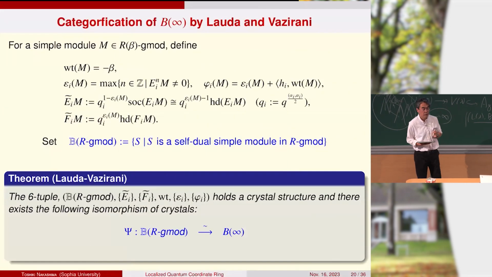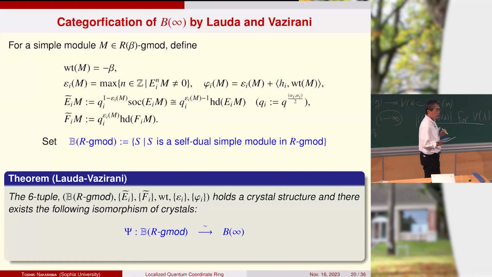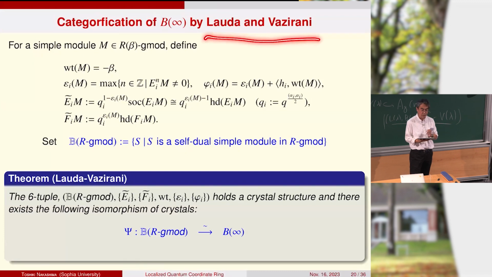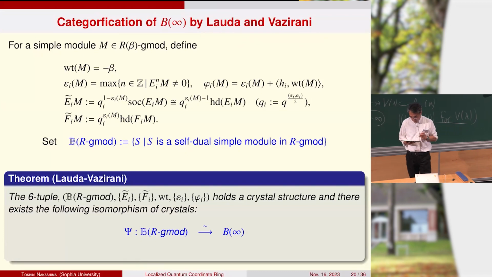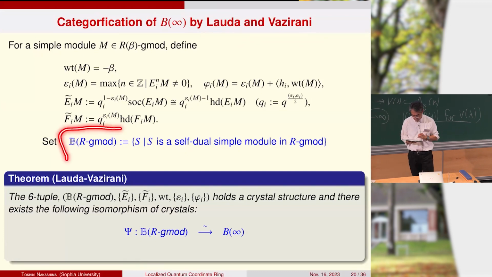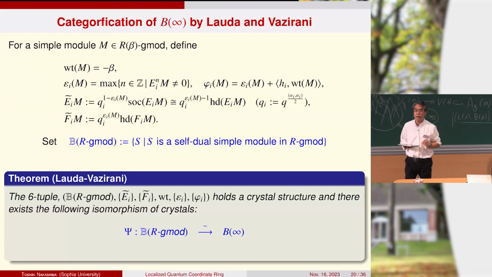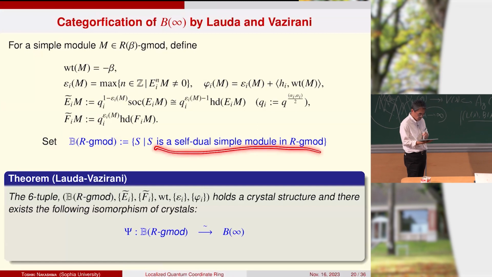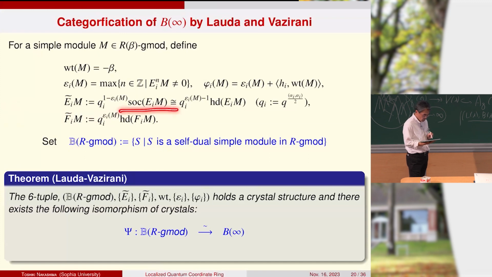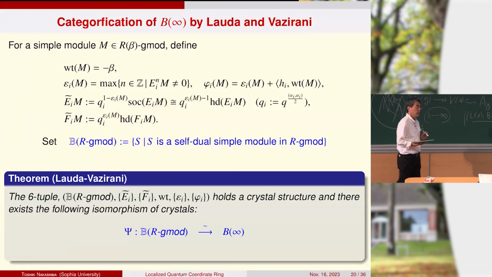Now we consider the categorification of B(infinity). This is done by Lauda and Vazirani. We take B(R-gmod), the family of self-dual simple modules. Then E_i tilde and F_i tilde are defined using circle and head, like this.